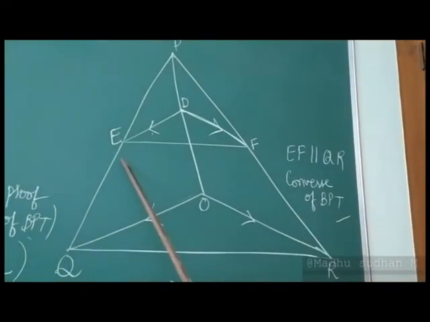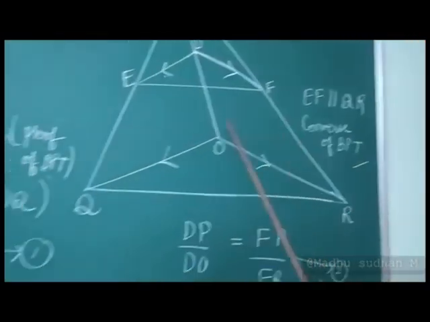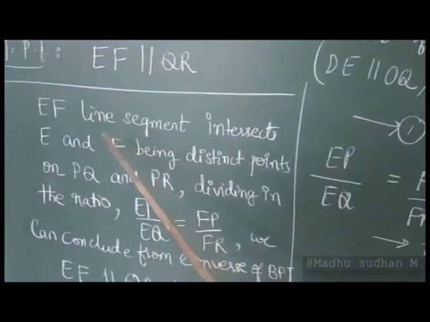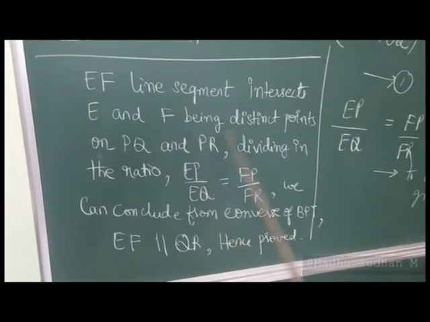So can we not say that EF is parallel to QR by the converse of BPT? That is the conclusion part I have written here. EF line segment. Whatever I have written here, just compare this with the given diagram.